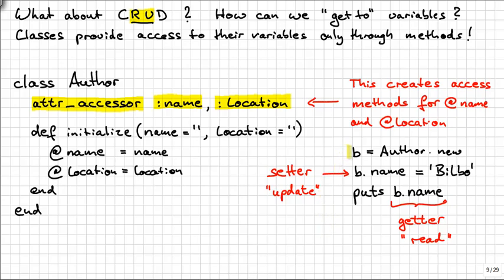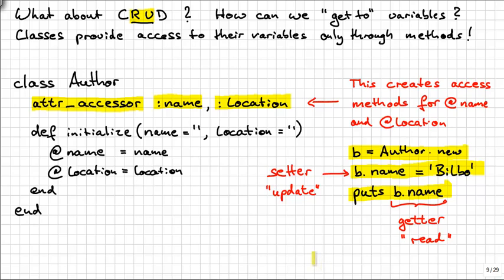So in this example, I'm defining b as a new author, and then I use b.name to assign the new value Bilbo for the name attribute. And similarly here, I use puts with b.name as the parameter to read the current value of the name attribute.